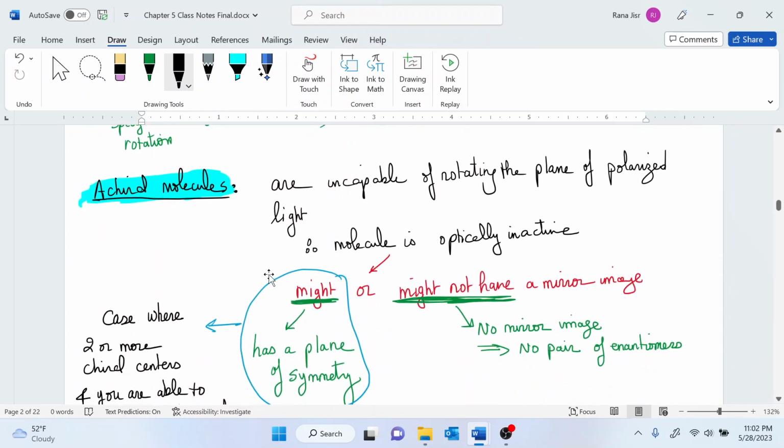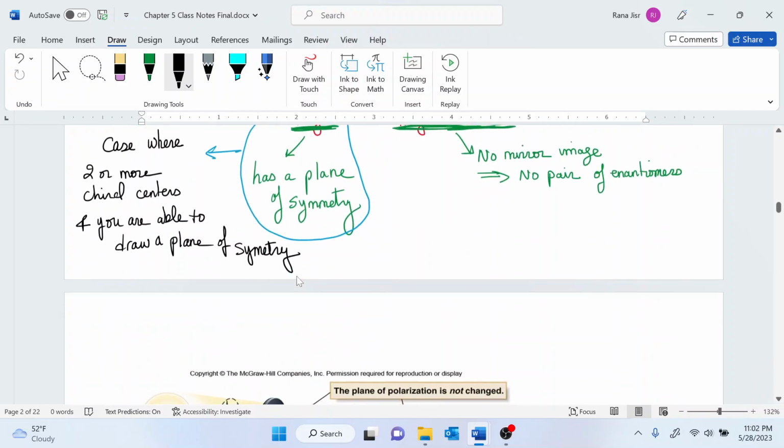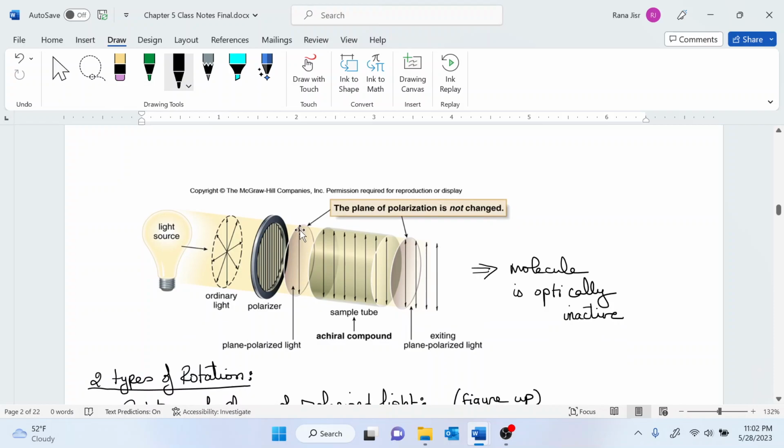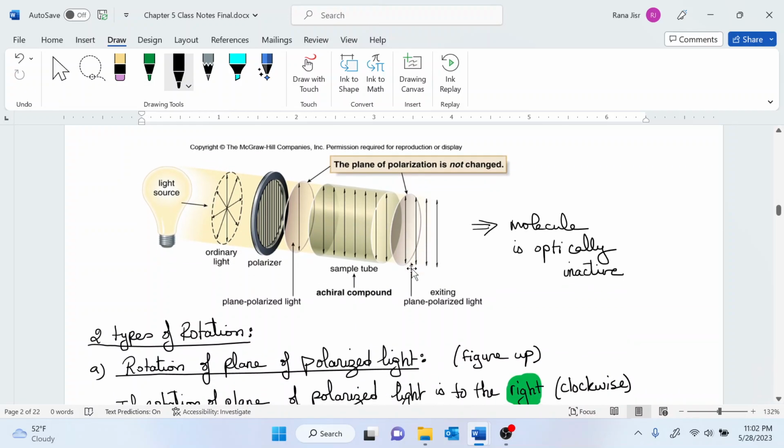On the other hand, achiral molecules are incapable of rotating the plane of polarized light. So this is the plane of polarized light. This is the sample where it has an achiral compound. Notice that the plane of polarized light enters through the sample of the achiral molecule and exits without any deviation in its observed rotation.